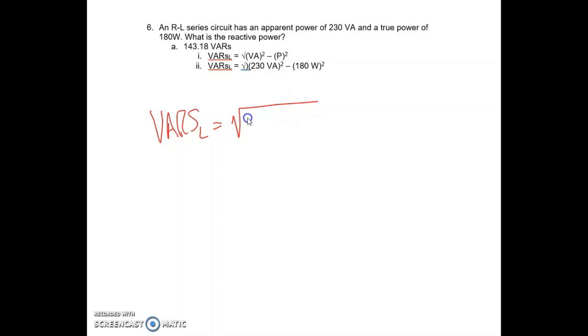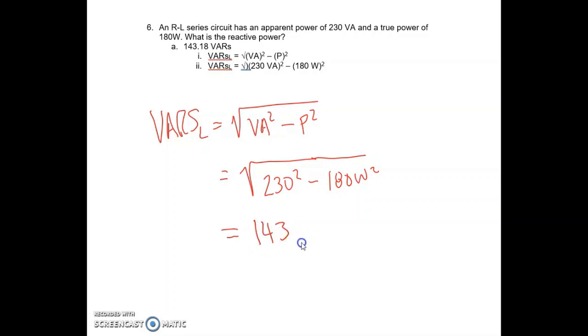Equals the square root of VA apparent power squared minus true power squared equals the square root of 230 volt amps squared minus 180 watts squared, and that equals 143.18 vars. That's shown right here.